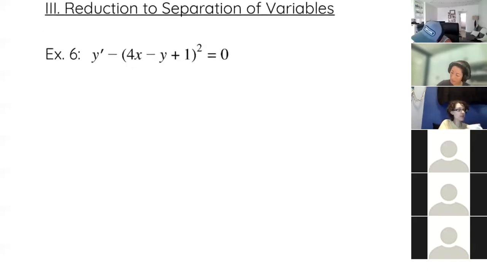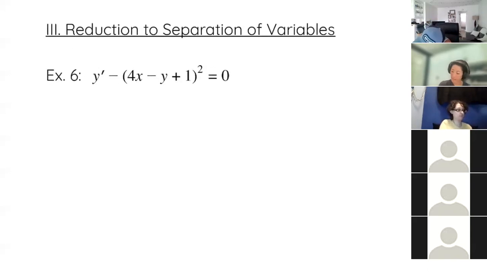All right, so let's take a look at this. I see that I have y prime minus this quantity squared equals 0. And if I wanted to be more clear about whether it's going to be separable or not, I could turn y prime into dy dx and then multiply through by dx.